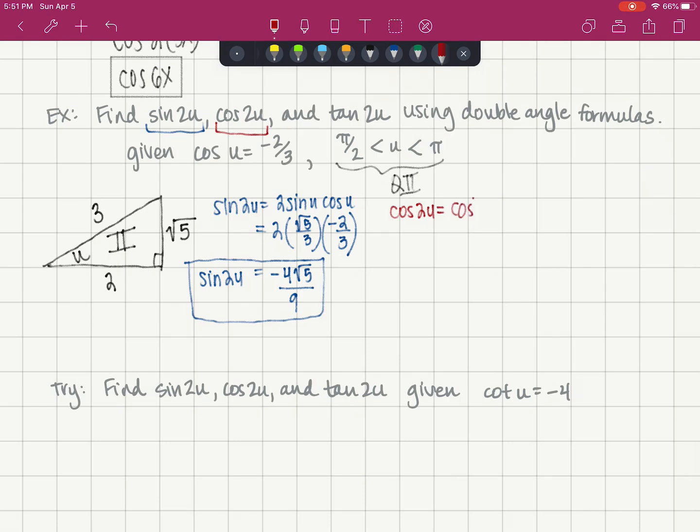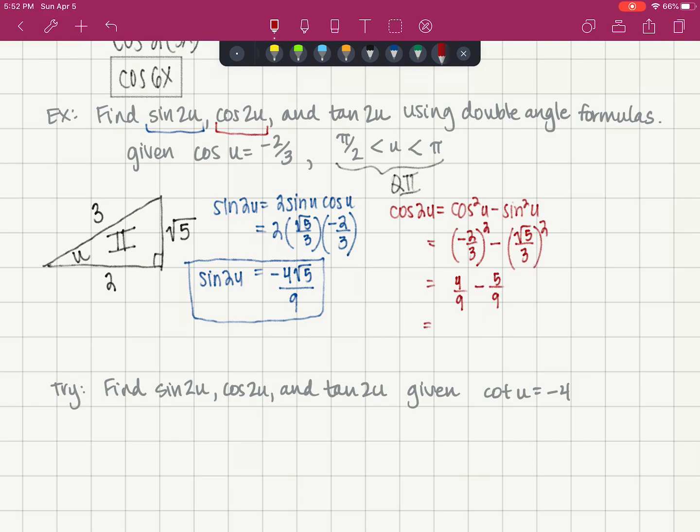The cosine of 2u is equal to cosine squared of u minus sine squared of u. And the cosine of u is negative 2/3, so I'm going to put negative 2/3 in there and square it, minus the sine of u, which is the square root of 5 over 3, and then I square it.